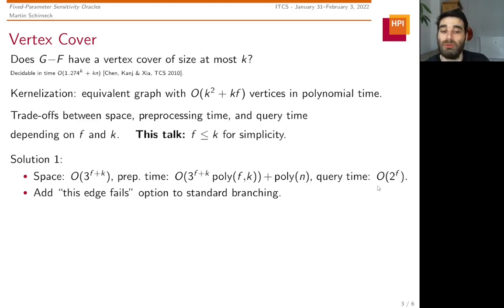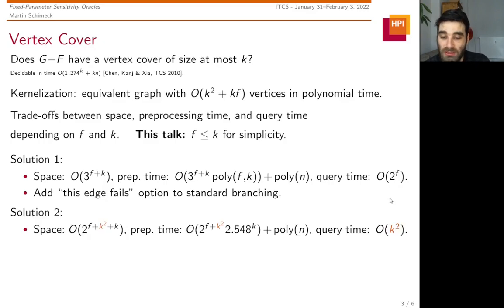This is what you want to do essentially if you only prepare for a few edges, but for a large parameter, a large vertex cover of size k, you might take issue with an exponential dependence on f. So in our second solution, we bring the query time down to k². There is some dependence on f hidden in there, but with the simplifying assumption that f is smaller than k, this is subsumed by k².